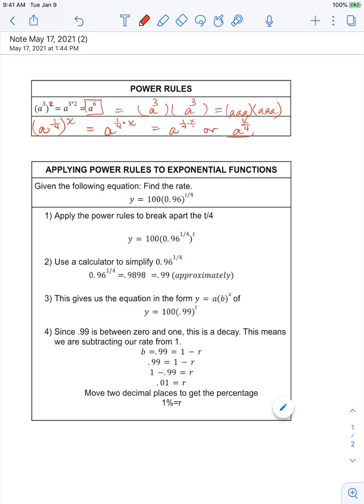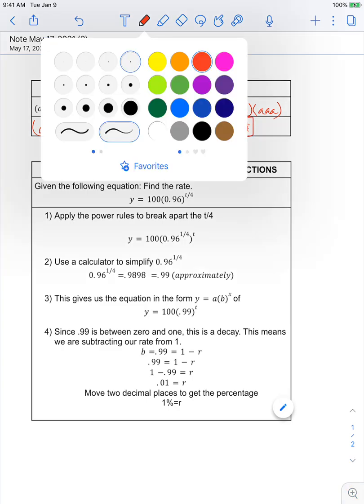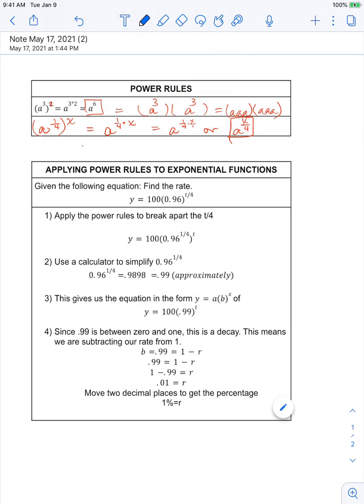Okay, so if I know this goes one direction, right, if I know it goes this direction, it also goes that direction. So I'm going to make a point of saying we're really going to focus on going that direction. Okay, so let's suppose we're given an equation and we are asked to find the rate.